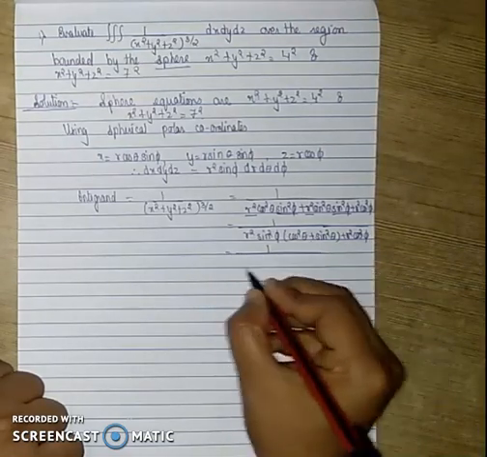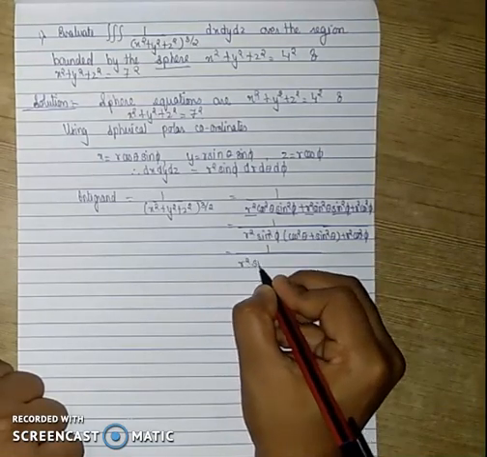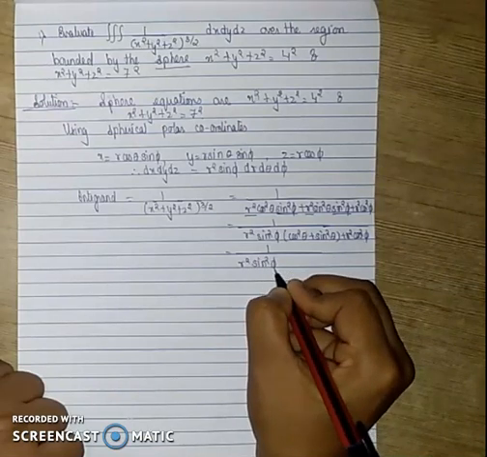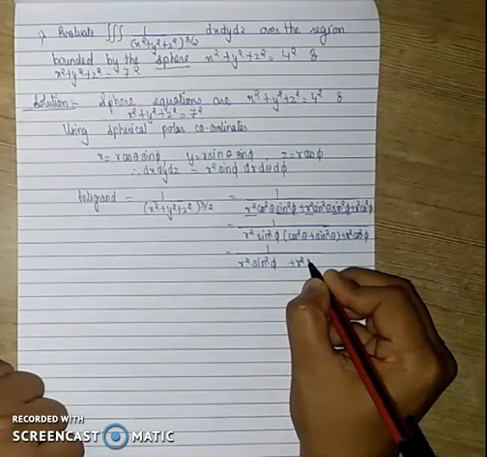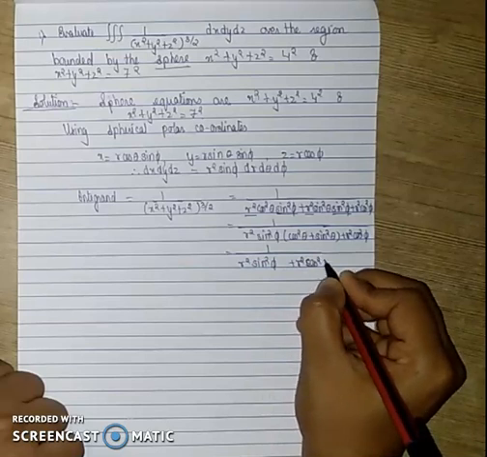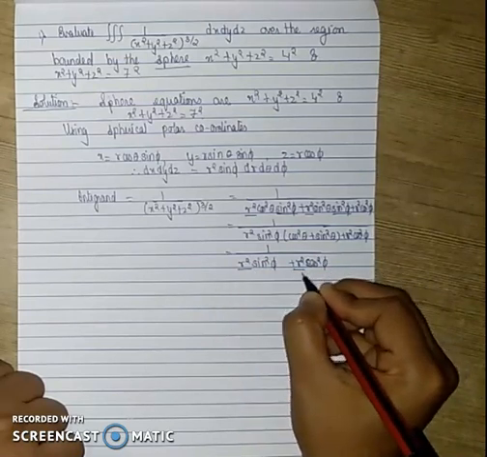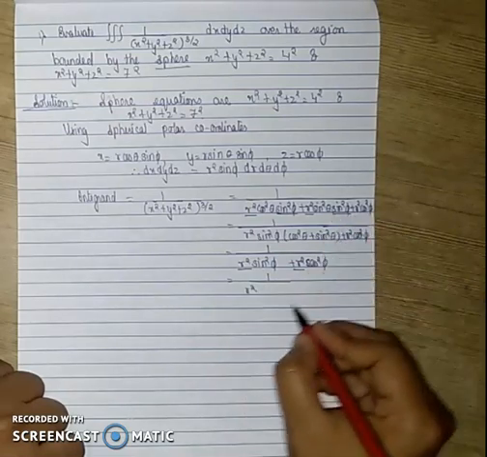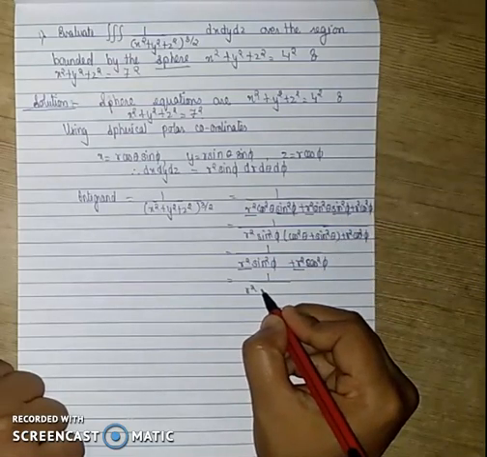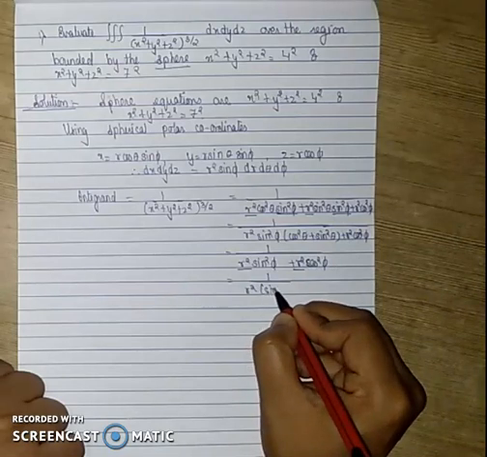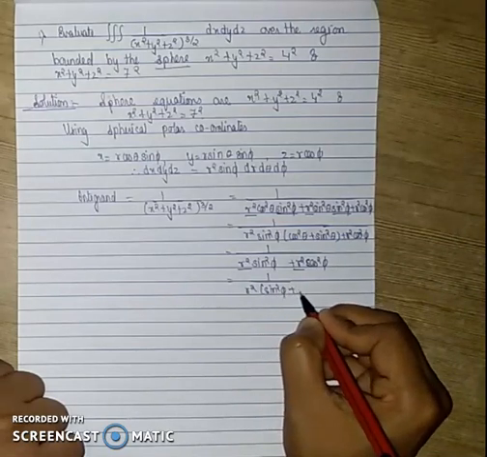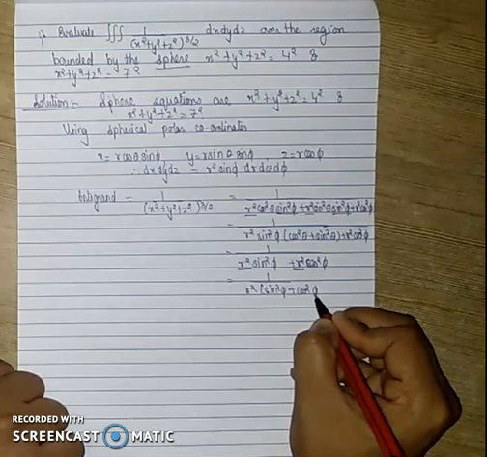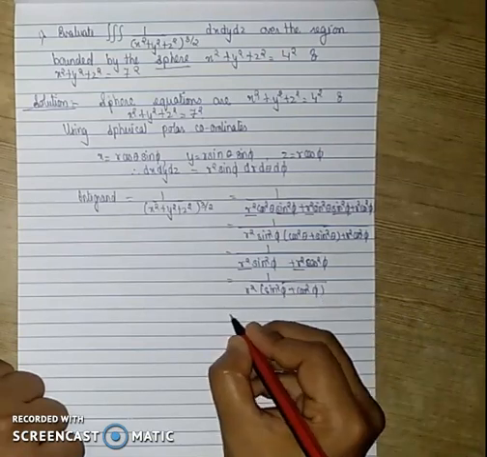So we have 1 upon r square sin square phi. Cos square plus sin square gives us 1, plus r square cos square phi. Taking r square common, we get 1 upon r square, in a bracket sin square phi plus cos square phi. Sin square plus cos square gives us 1. So we are left with 1 upon r square.